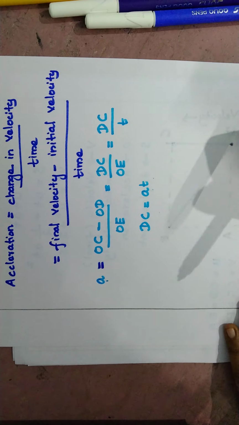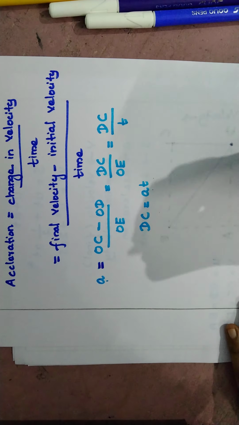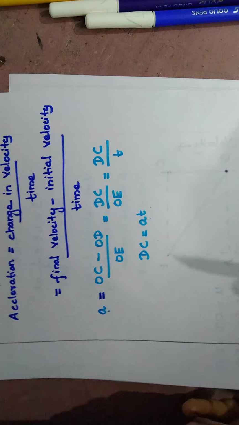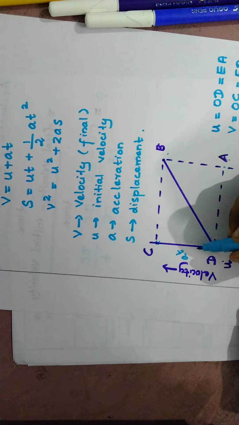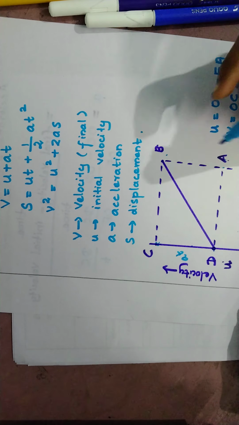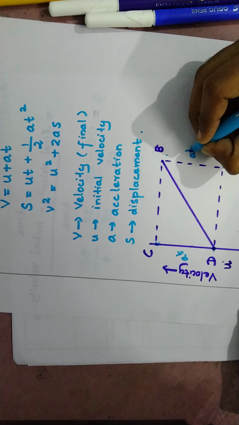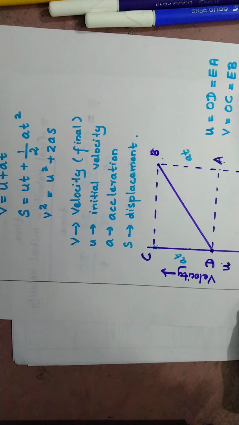So DC is equal to AT, that is parallel to AB. So we can say this AB value is also AT.